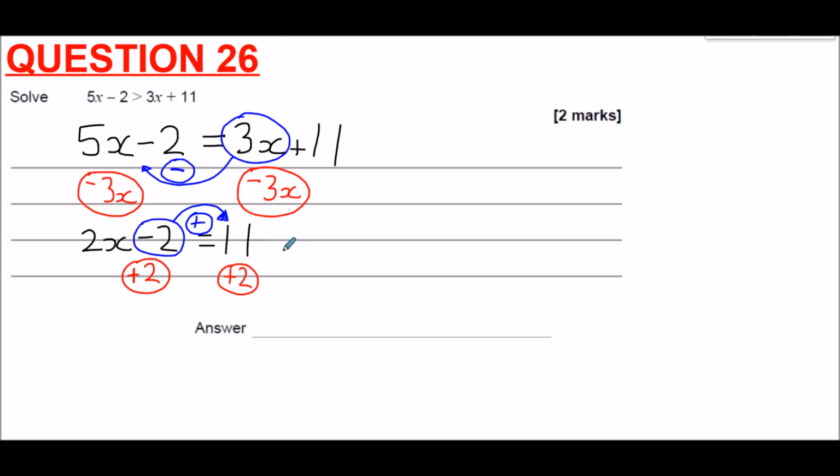So the next step, after we've added 2 to both sides, we'd have 2x equals 13. But our goal isn't to know what 2x is worth, we want to have just 1x. To go from 2x to 1x, we can just half each side.